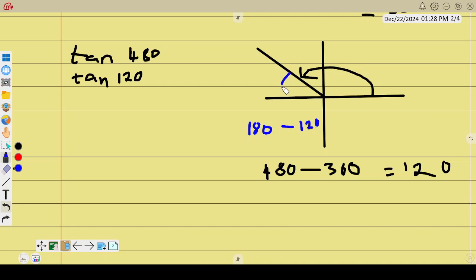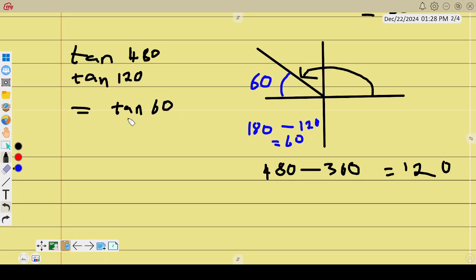We want to find the helping angle. So this is equal to, what is 180 minus 120? We're going to get 60. So our helping angle is 60. This means again that tan 120 is the same as writing tan 60.